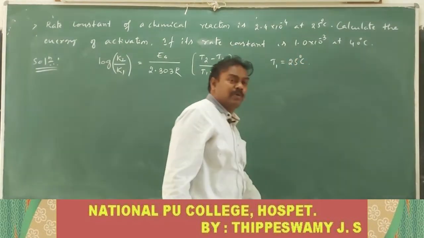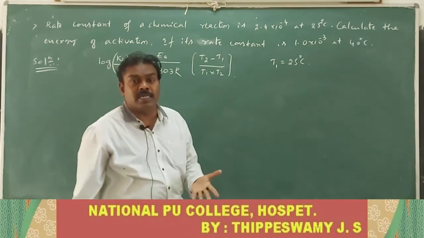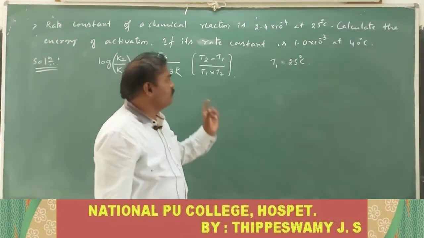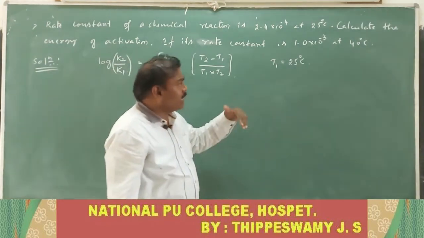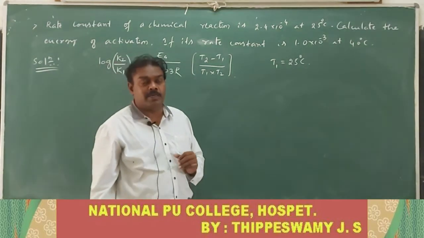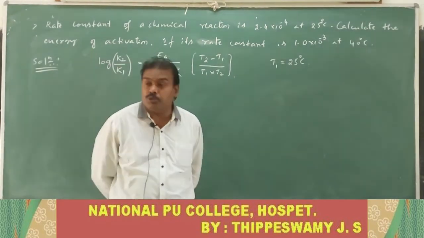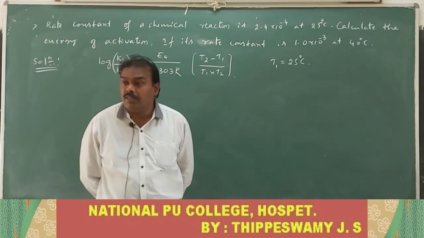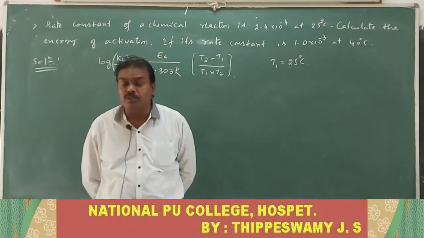With respect to T1, we have to take K1 and K2. With respect to T1, lower temperature, lower rate constant value; higher temperature, higher rate constant value. Because as the temperature increases, the rate constant also increases. You should remember this point: the rate constant varies with the temperature. Increase in the temperature, the rate constant of the reaction also increases.